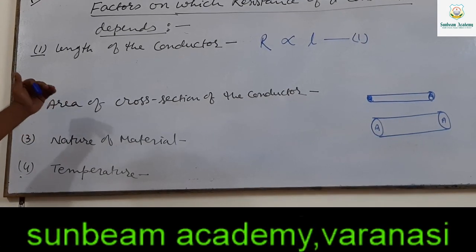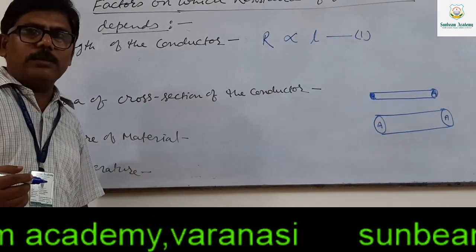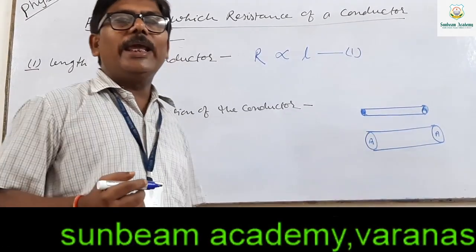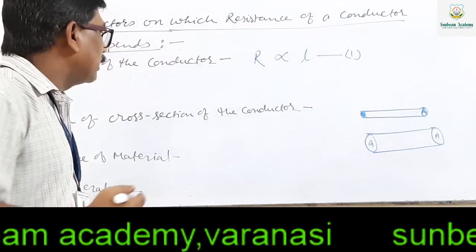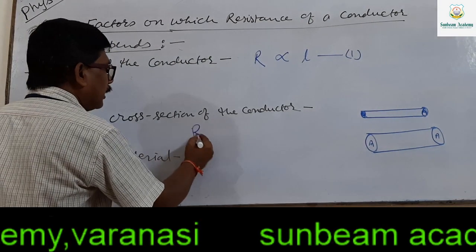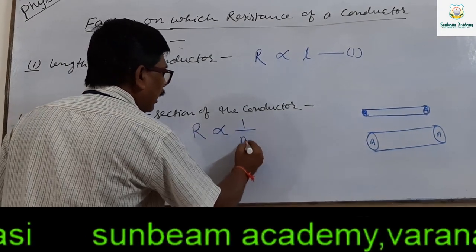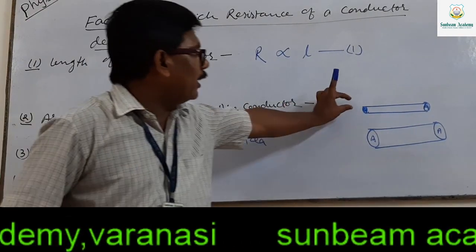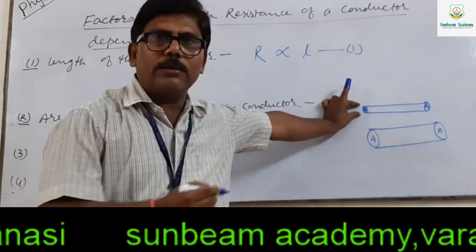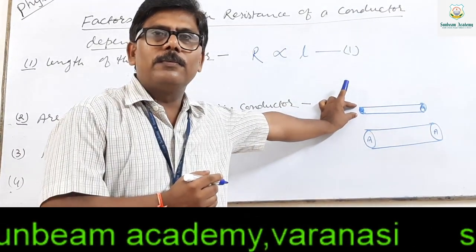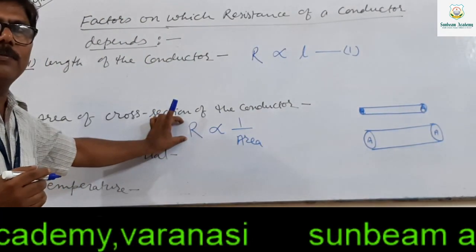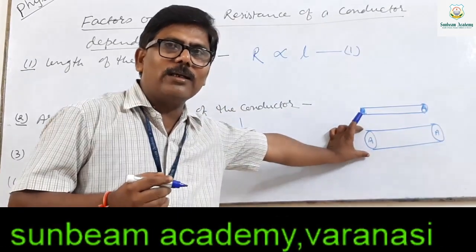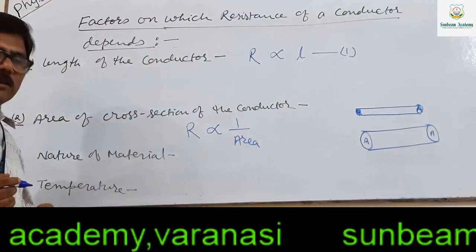Resistance of the conductor is inversely proportional to the area of cross section, means R is inversely proportional to area of cross section. Less the area of cross section, more resistance is there. Greater the area of cross section, less resistance will be there.